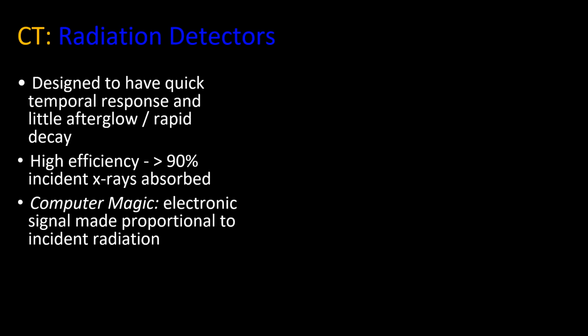These detectors respond quickly and are highly efficient. After the photomultiplier tube converts the light to energy, all you need to know is that what we call computer magic happens. The computer takes that energy, which is an electronic signal proportional to the incident radiation, and converts it to a grayscale pixel.